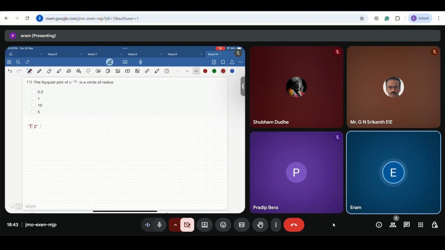So for this transfer function, what can I write for it in the frequency domain?